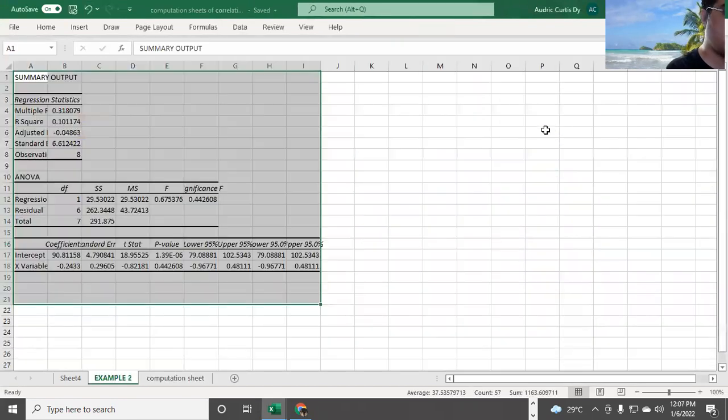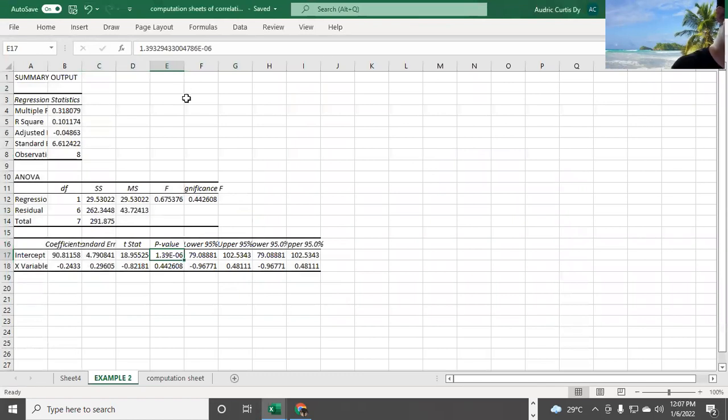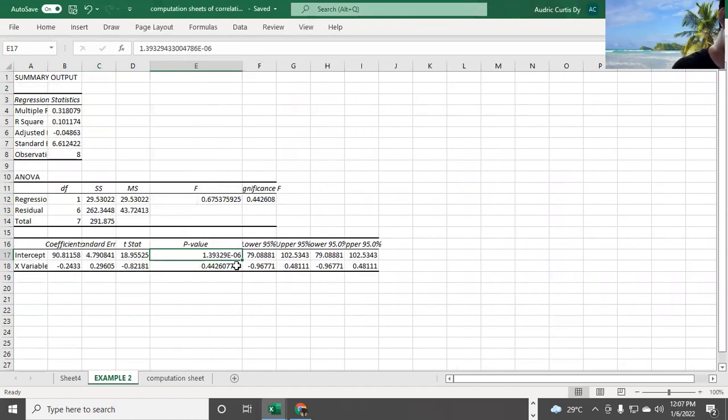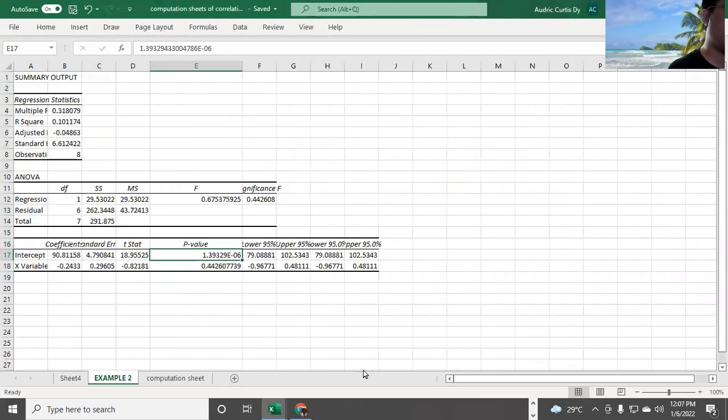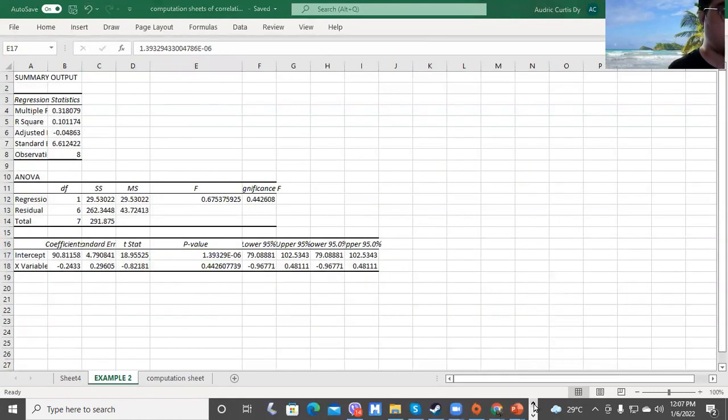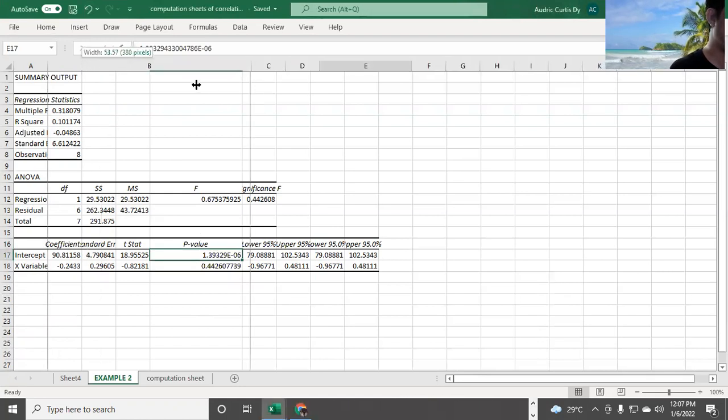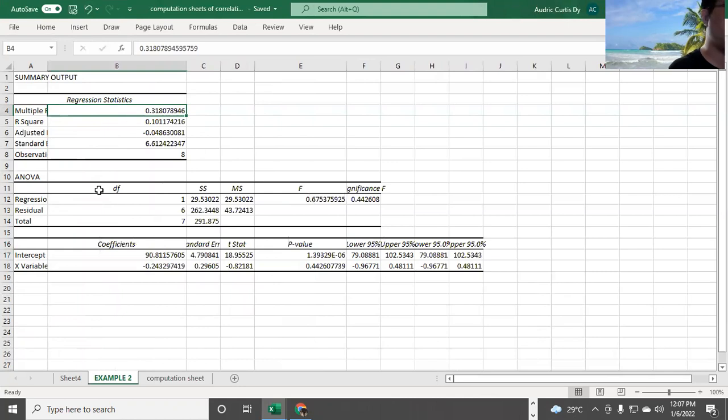Okay. So ito yung lumabas. Okay, so ito yung p-value natin. Okay, so this will help us to determine kung nagre-reject or nag-accept yung null hypothesis natin. Okay, so here, based on the data, kaya negative, since negative ang correlation natin, ito kasi absolute value lang ito eh.